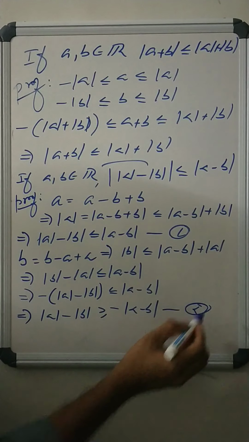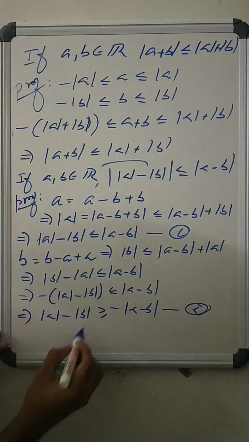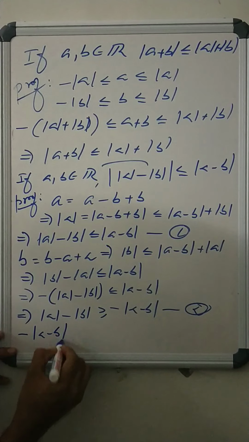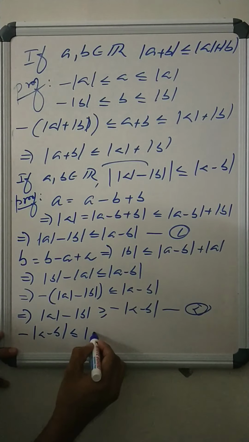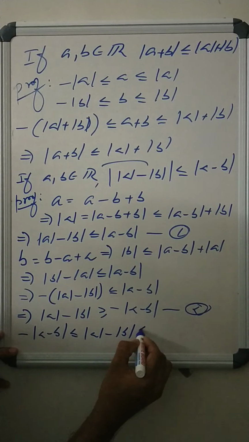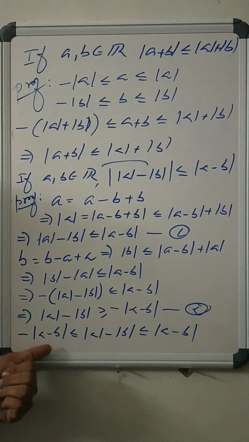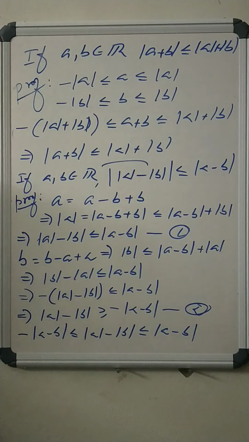Combining these two, you have minus of modulus of a minus b less than or equal to mod a minus mod b less than or equal to modulus of a minus b.